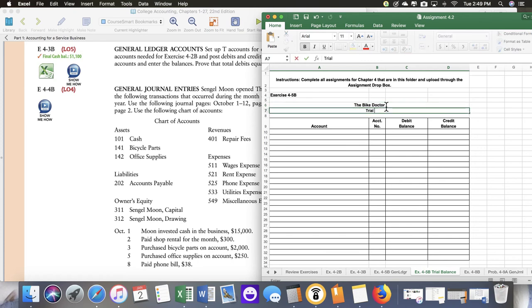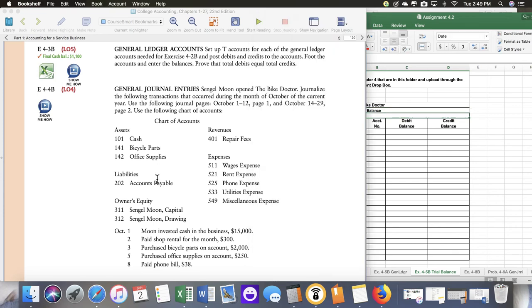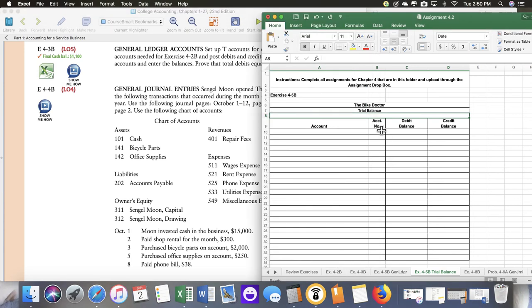I'm going to put trial balance since that's exactly what the form is. And then it is for the month of October, so for month ending October 31st, 2000.